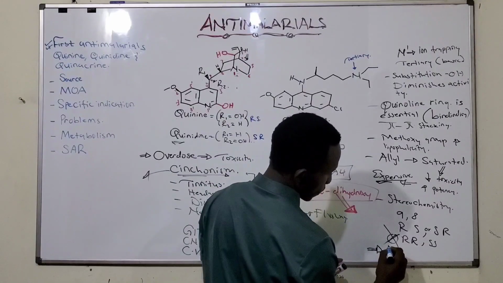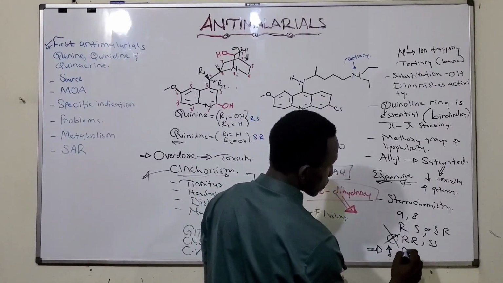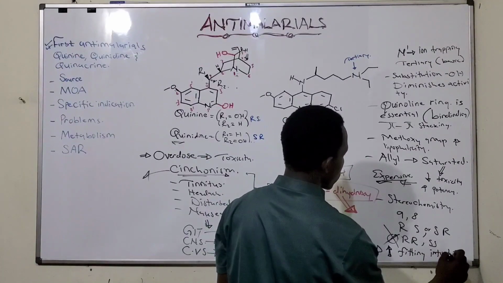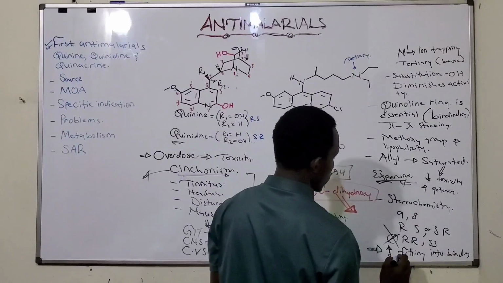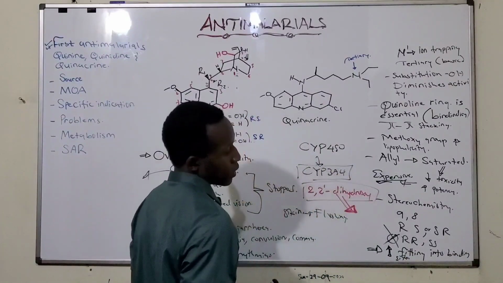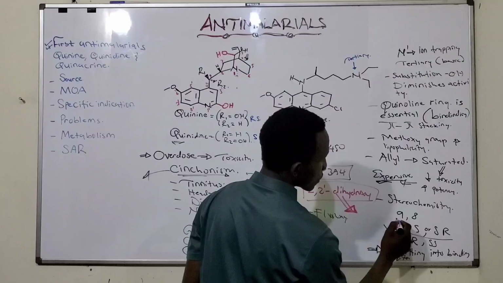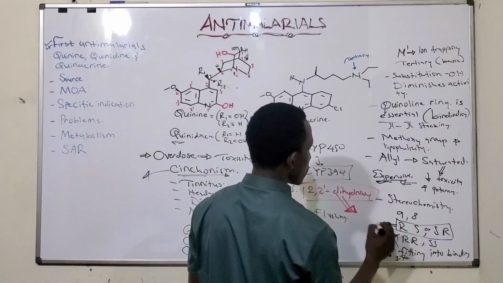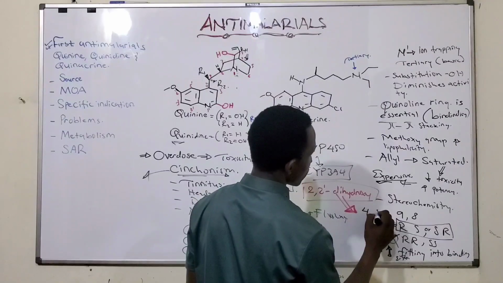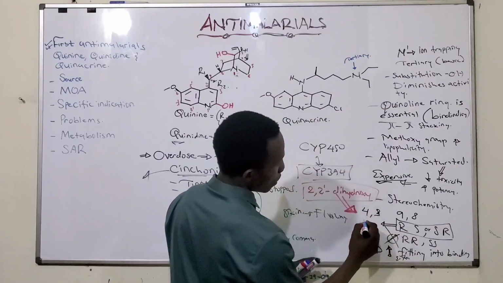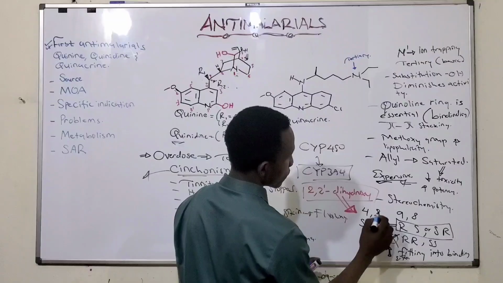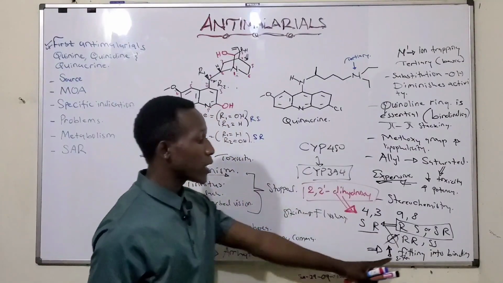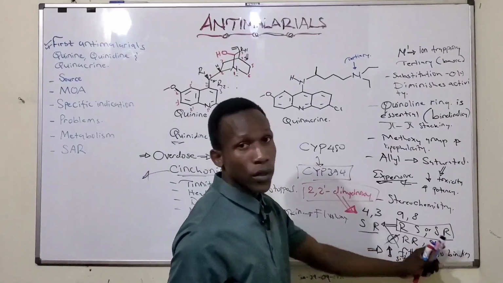These ones lead to fitting into the binding site. So at position 8, 9, we must have either RS or SR, then plus position 4 and 3 as SR for binding, such that it can fit into the pockets.